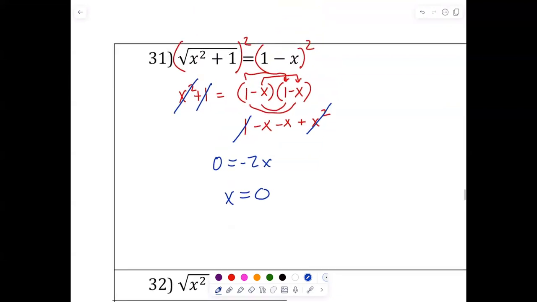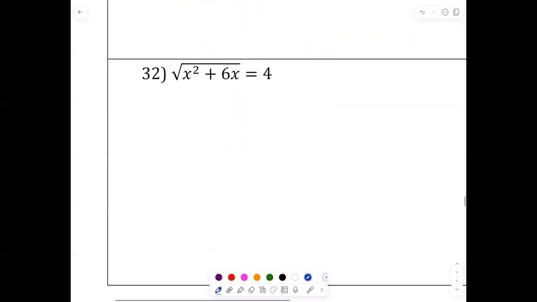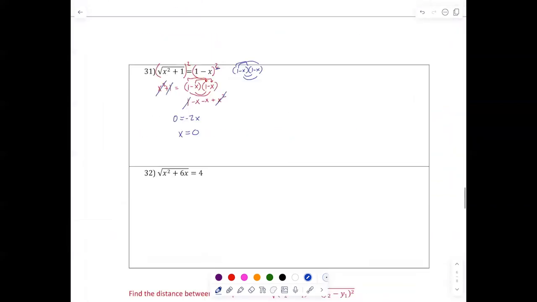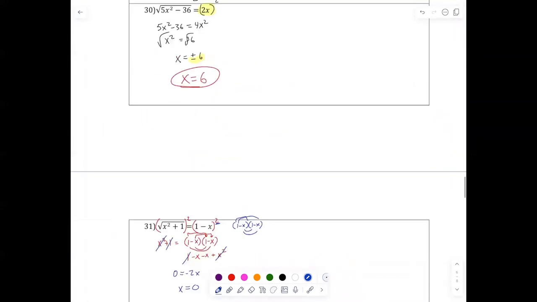Because 1 minus x, I squared both sides. Do you see this right here? So 1 minus x squared means 1 minus x times 1 minus x. And then you multiplied it. You with me? All right, here we go. 32. All right.